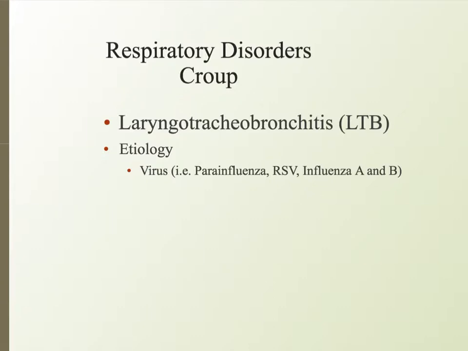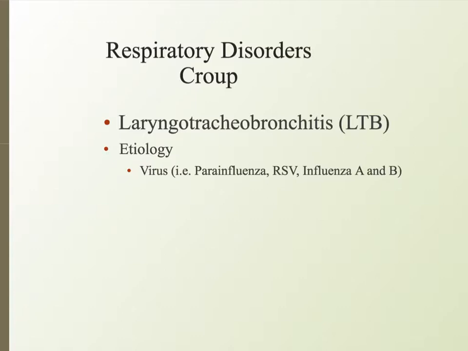Okay, so now we're going to talk about several different types of croup. Laryngeal tracheobronchitis is one form of croup. It affects children that are under the age of 5. What is the cause of laryngeal tracheobronchitis?